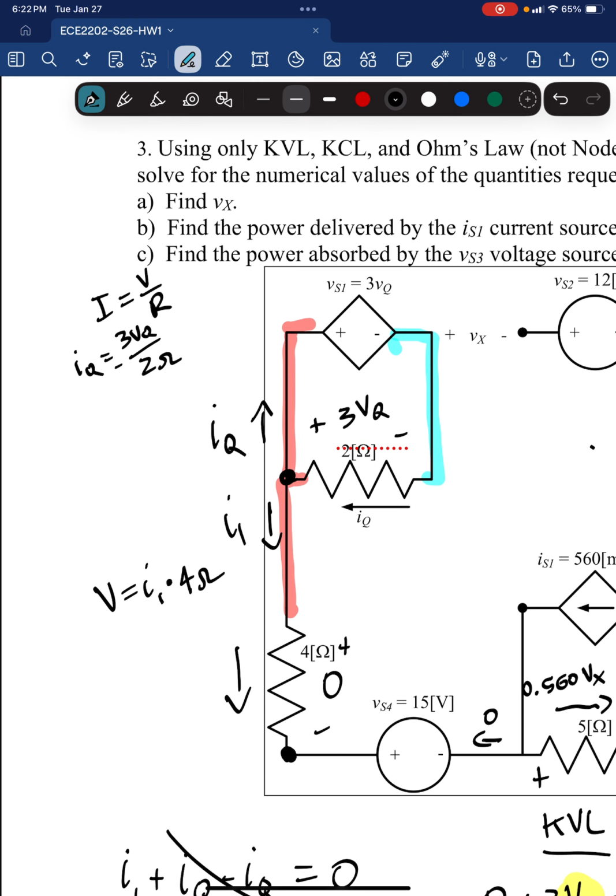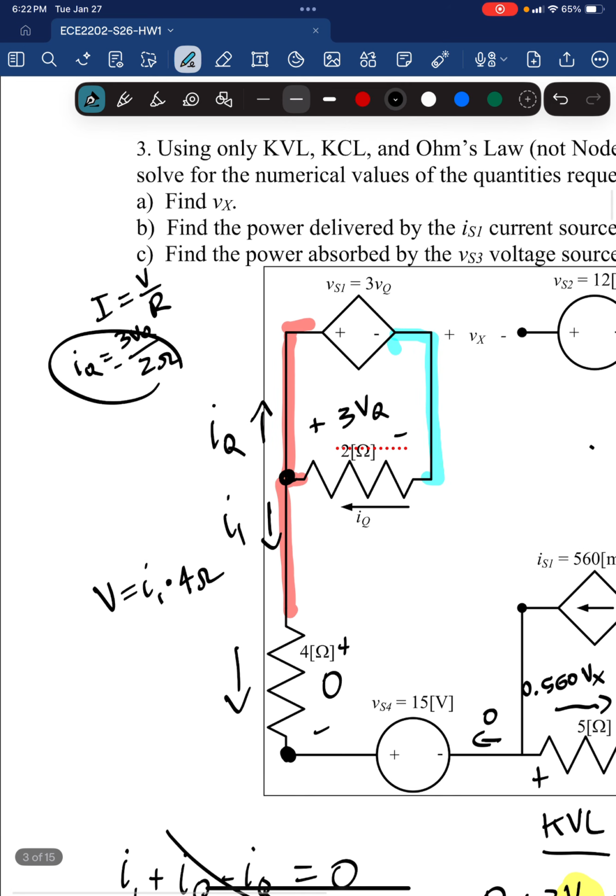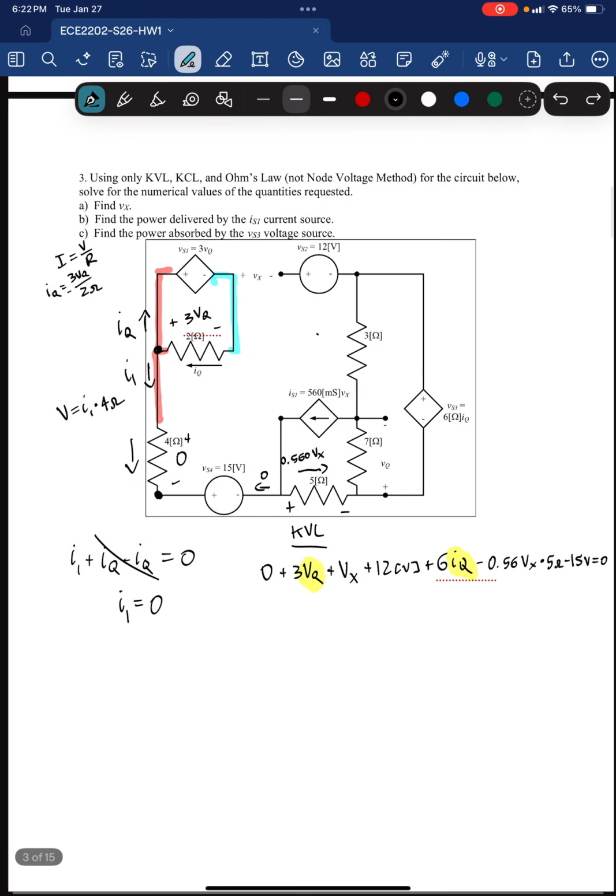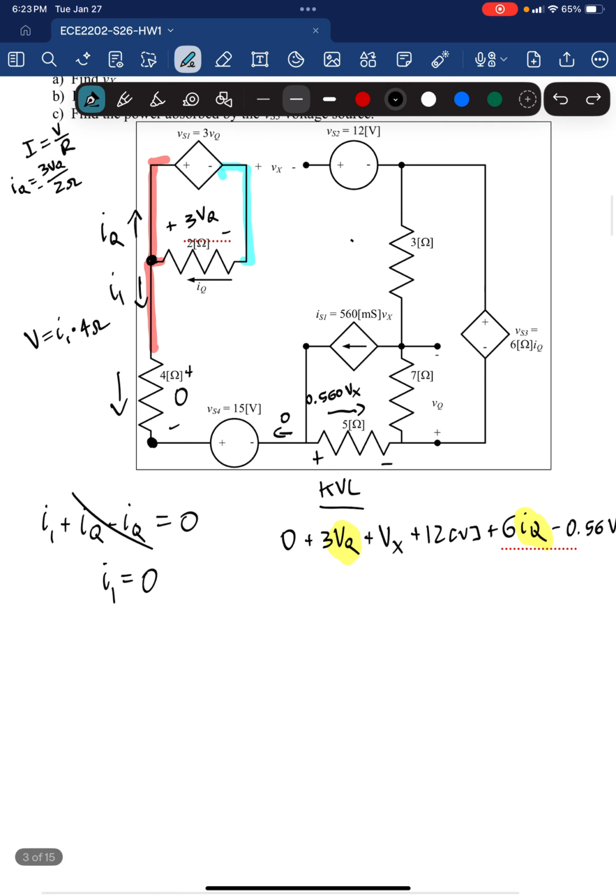You don't have to bog yourself down in the details of sign conventions too much. Just know when you have a current traveling in the negative terminal of a resistor, you have to include that negative sign. So our second equation is just going to be IQ is equal to negative 3 VQ over 2 ohms.